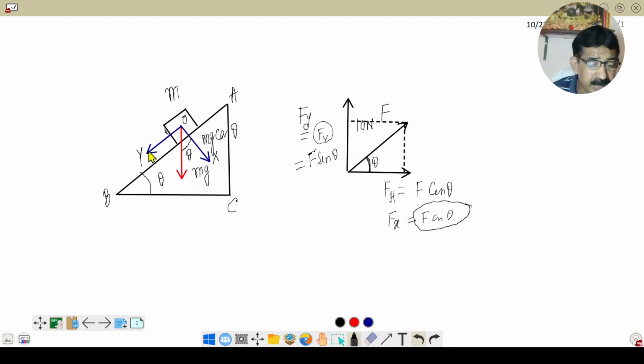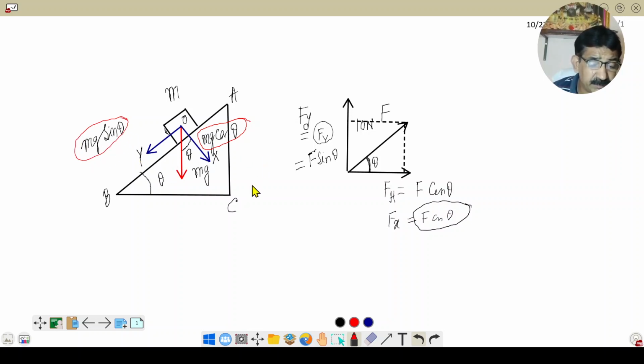And OY is the arrowhead or line or vector, as you say, that is equal to mg sin theta. So the force mg has been resolved into two parts. One is equal to mg cos theta and the other is equal to mg sin theta. Okay.